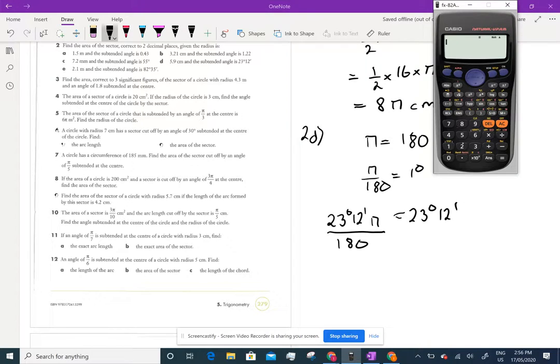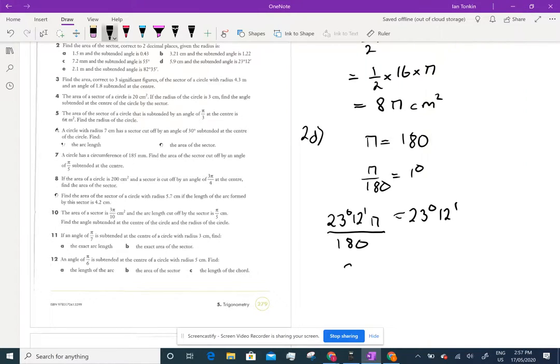So 23 degrees and 12 minutes divided by 180, and actually we just want 23 degrees and 12 minutes as a decimal, 23.2.